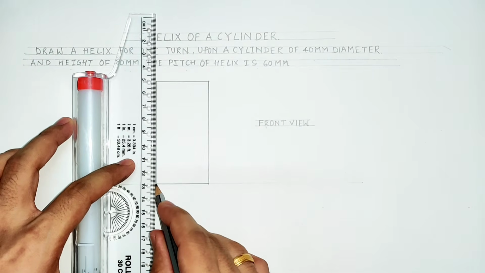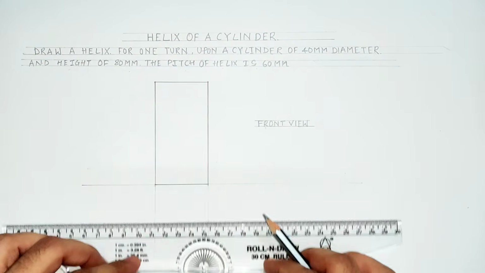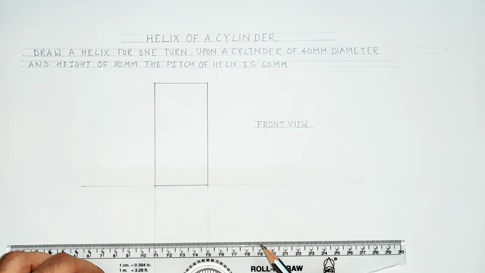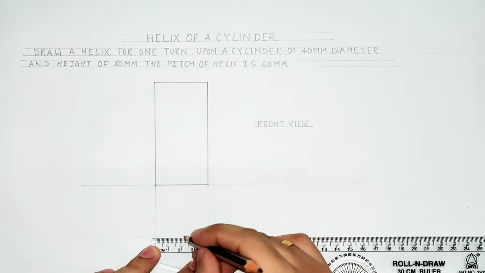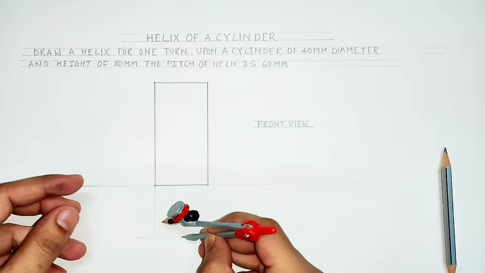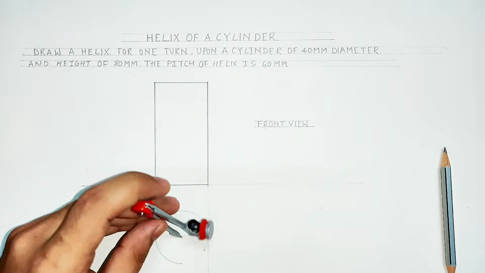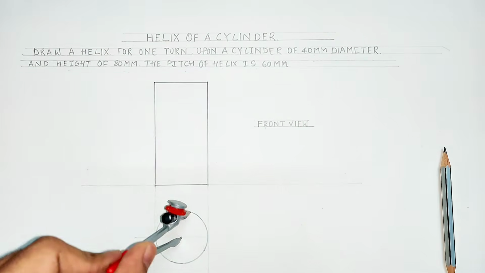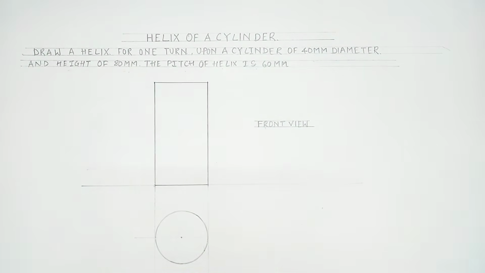Now on the lower side we will draw the top view, which is nothing but a circle with a diameter of 40 mm. So here we draw a circle with a diameter of 40 mm. Top view is a circle.